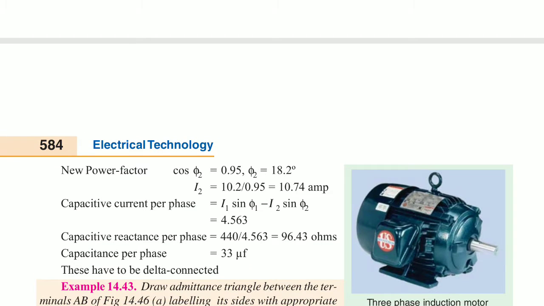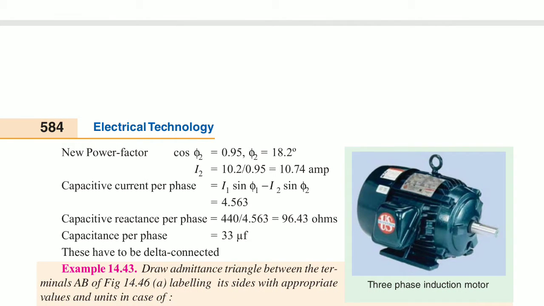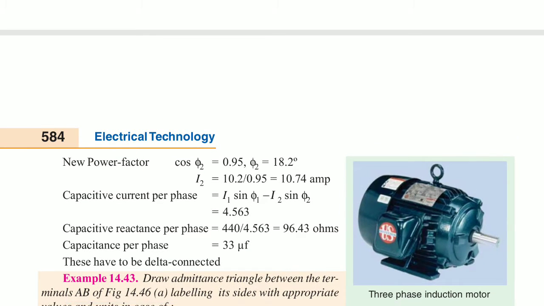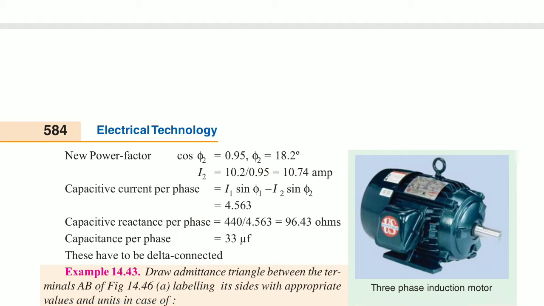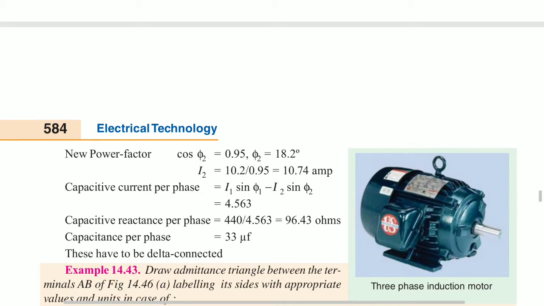We determined this formula in previous classes, see it once again there. Now we directly determine the capacitance value. The capacitance per phase is 33 microfarads, and these have to be delta connected.